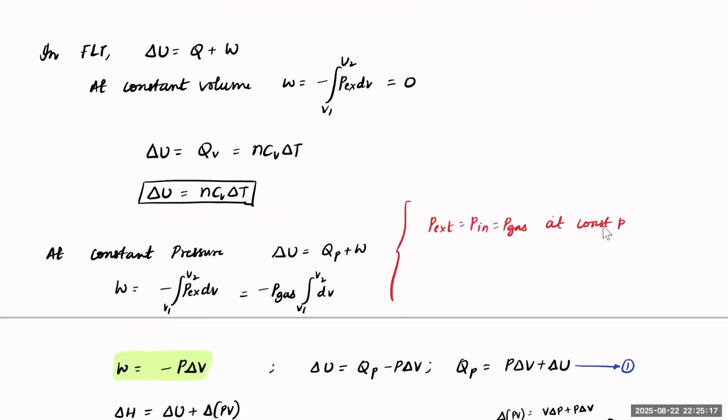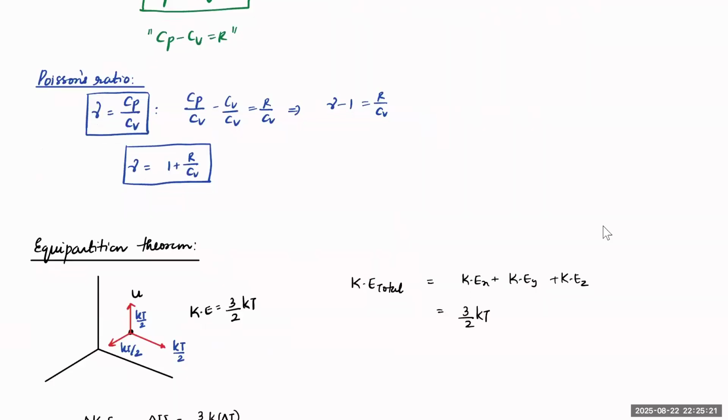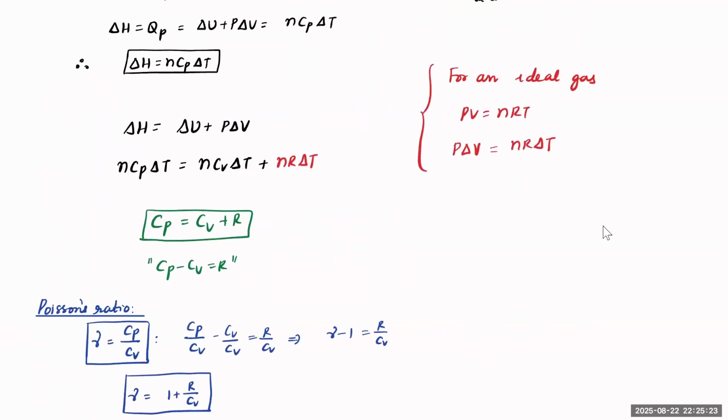Right? So delta U is equal to nCv delta T, and this can be used in any process. So delta H is equal to nCp delta T, delta U is equal to nCv delta T. And how are both of them related? Delta H is equal to delta U plus P delta V. If I write both of them, nCp delta T is equal to nCv delta T plus nR delta T. Because for an ideal gas, PV is equal to nRT.